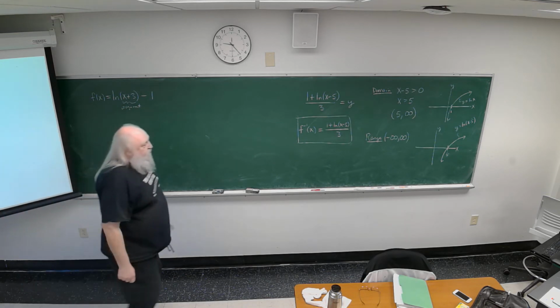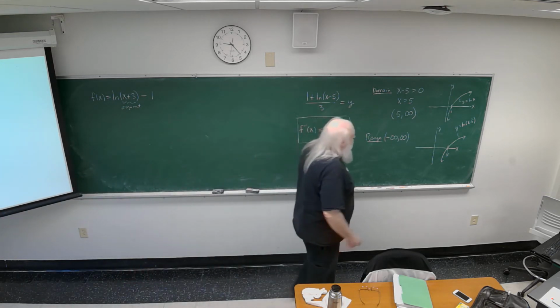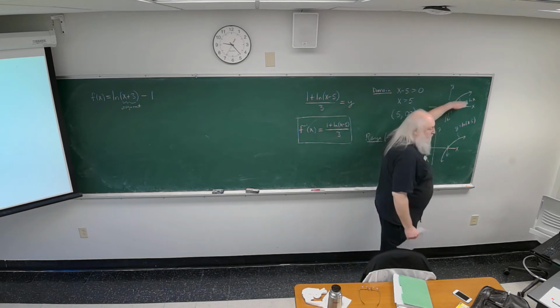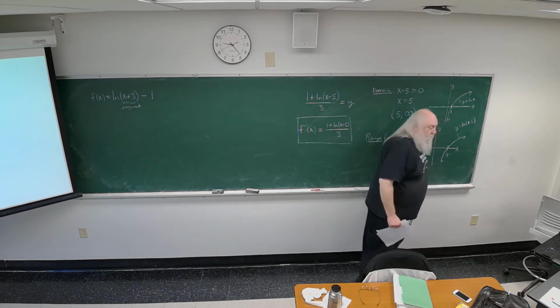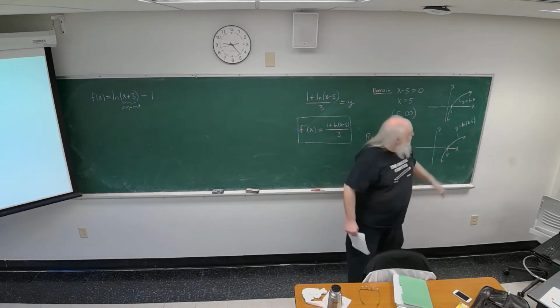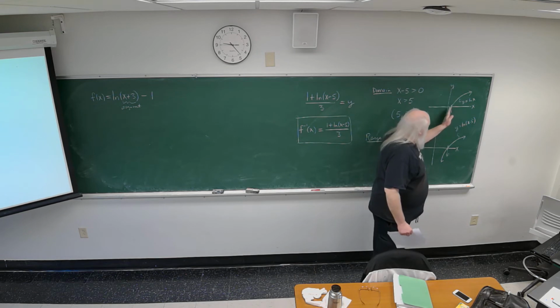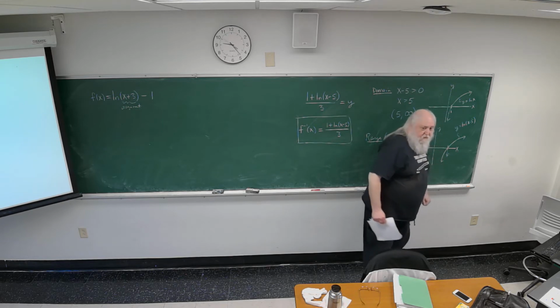And you know from the graph of the natural log function that it passes the horizontal line test, so it has an inverse, and the inverse is the natural exponential function. Replacing x with x plus 3 just shifts this graph to the left 3 units. And then subtracting 1 shifts it downward.